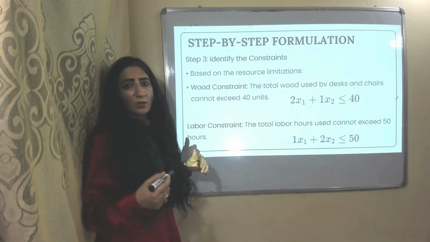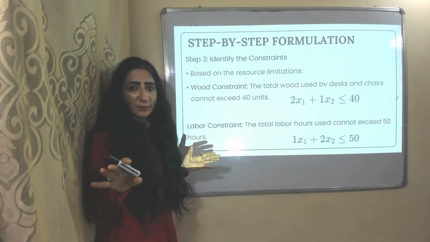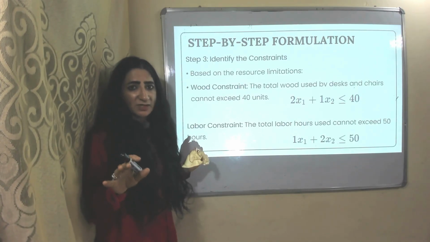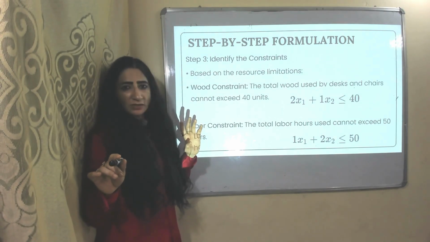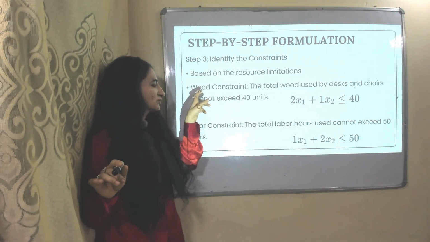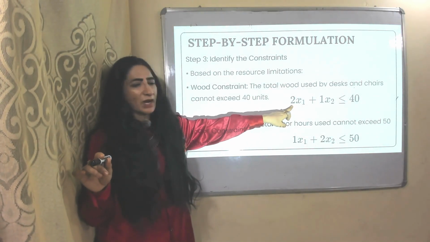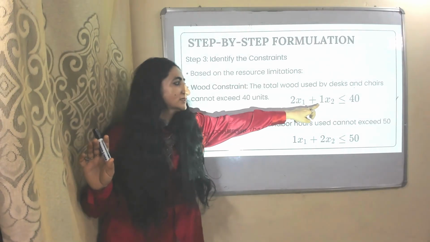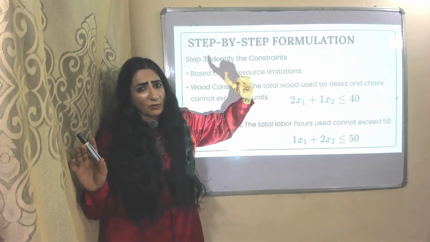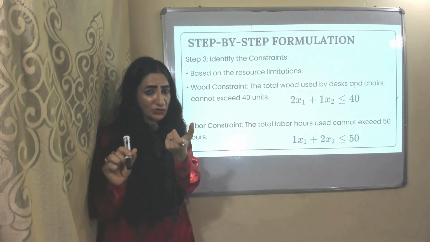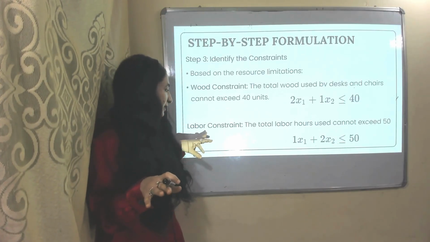Each business wants to achieve a maximum profit, but they have to face some limitations, means they have some constraints. Here we have resource constraints. We have two resources, wood and labor. Wood constraint. Each desk requires 2 units of wood, each chair requires 1 unit of wood, but we don't have wood more than 40. This is our constraint, this is our limitation.